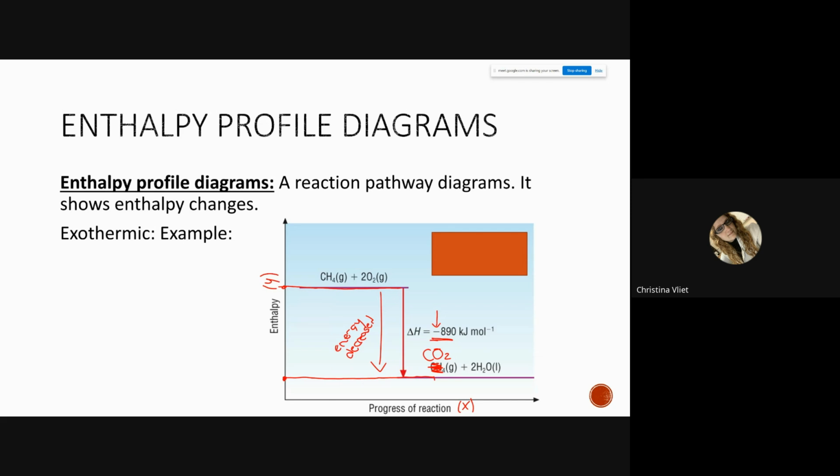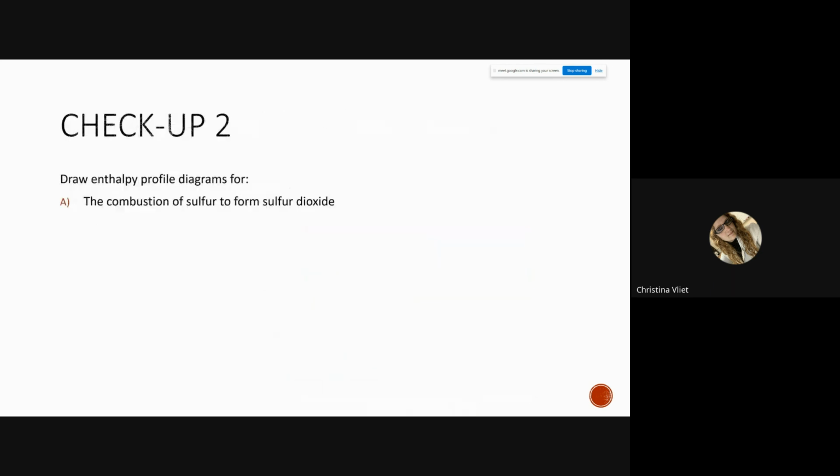So this loses energy as it becomes product. It loses energy to the surroundings. So would we feel hotter or colder? We feel hotter because we're the surroundings. So whatever we think is happening to us, the opposite's actually happening to the system. Kind of making sense? Okay.